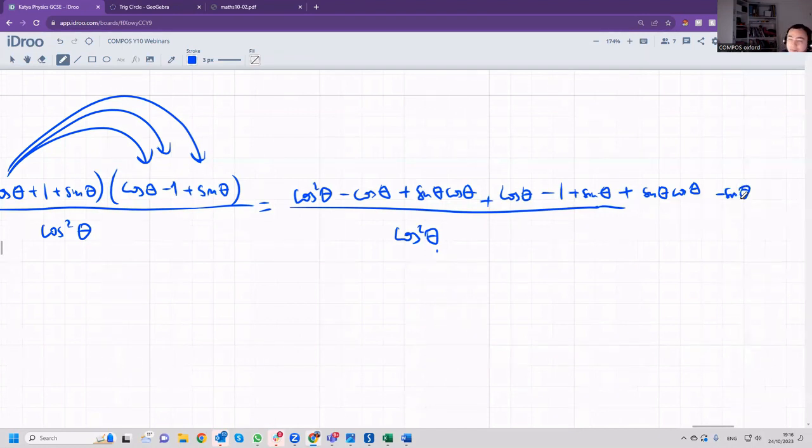Cos theta squared is the same thing as cos squared theta. Minus sine theta plus sine squared theta.